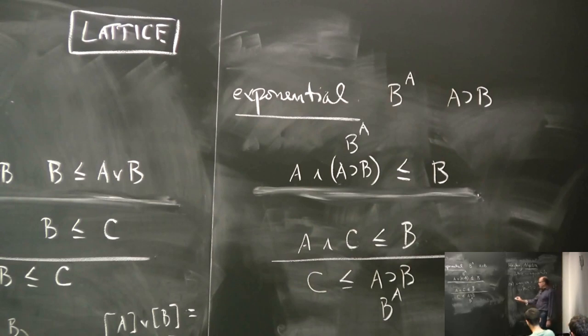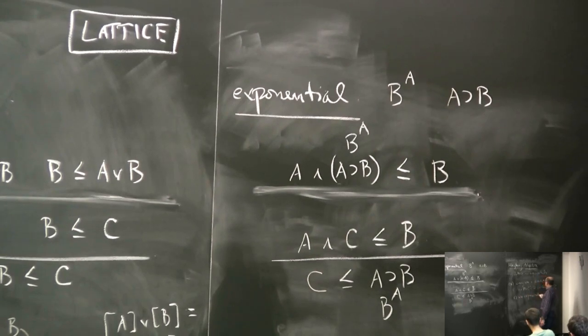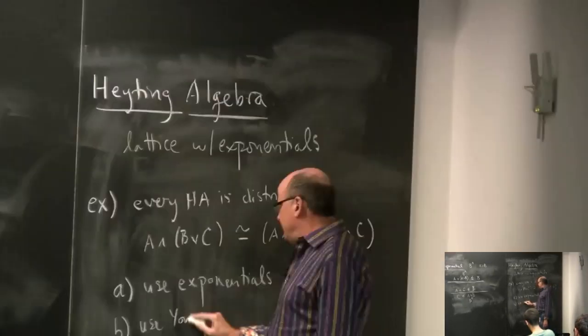So I will give you two hints. A, use the fact that you have exponentials. It must be, because if you don't have exponentials, there are lattices that aren't distributive. So exponentials are part of it. And the other thing is, in order theoretic terms, it's the most trivial thing in the world, but you can't imagine how useful it is, which is use Yoneda's lemma.